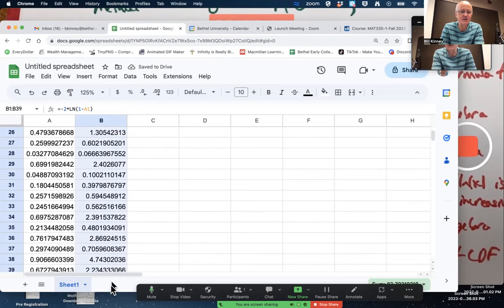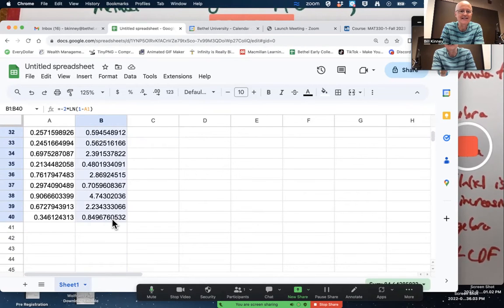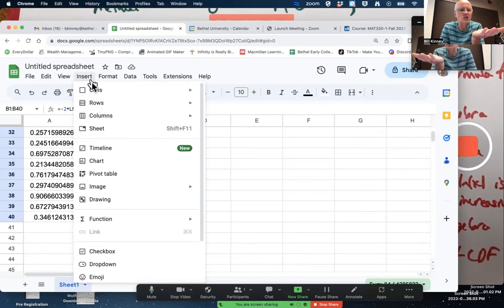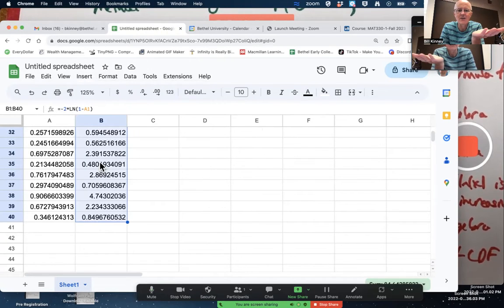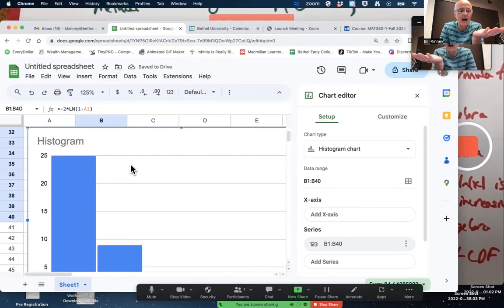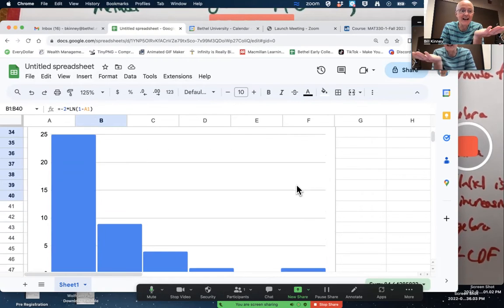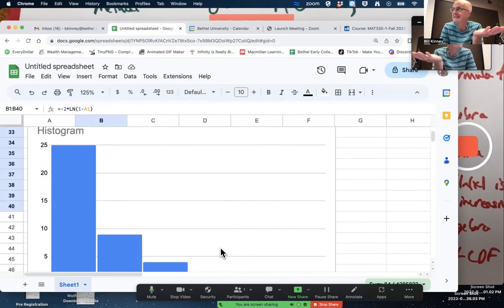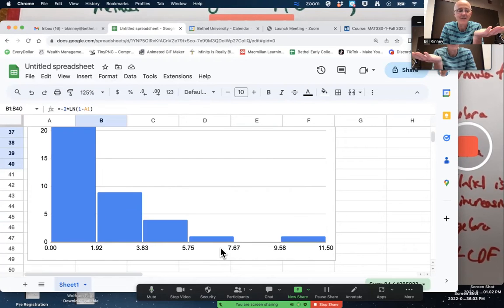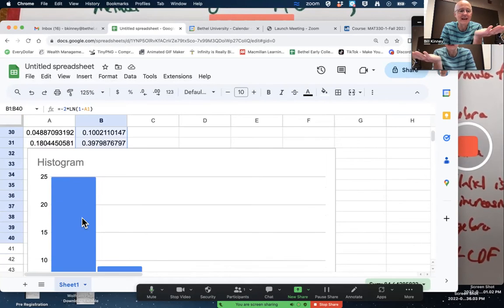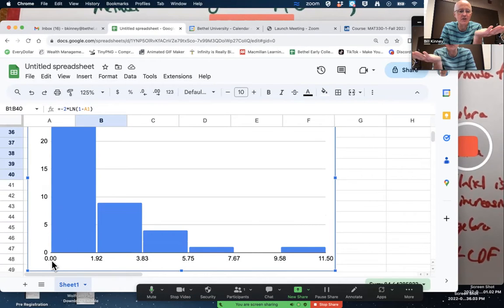Is it really an exponential distribution? Can we graph these? How would we graph them? Insert chart. What kind of chart? Histogram? That looks kind of like an exponential curve going down, doesn't it? What is this histogram doing? It's counting how many numbers are in each range here, from 0 to 1.92, then 1.92 to 3.83, 3.83 to 5.75.